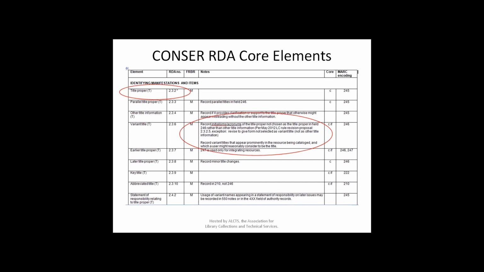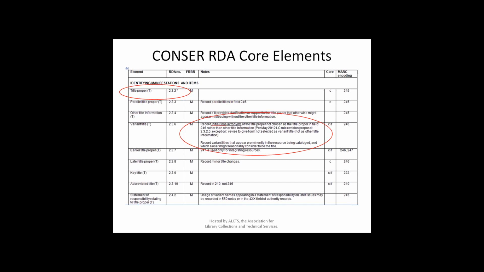Okay, so this is just another screenshot from the CONSER RDA core element set, just to show you how it's laid out, showing you the title proper there with the T for transcription. So title proper from the manifestation is a transcription field, and you need to use the instructions for transcribing data elements for the title proper.